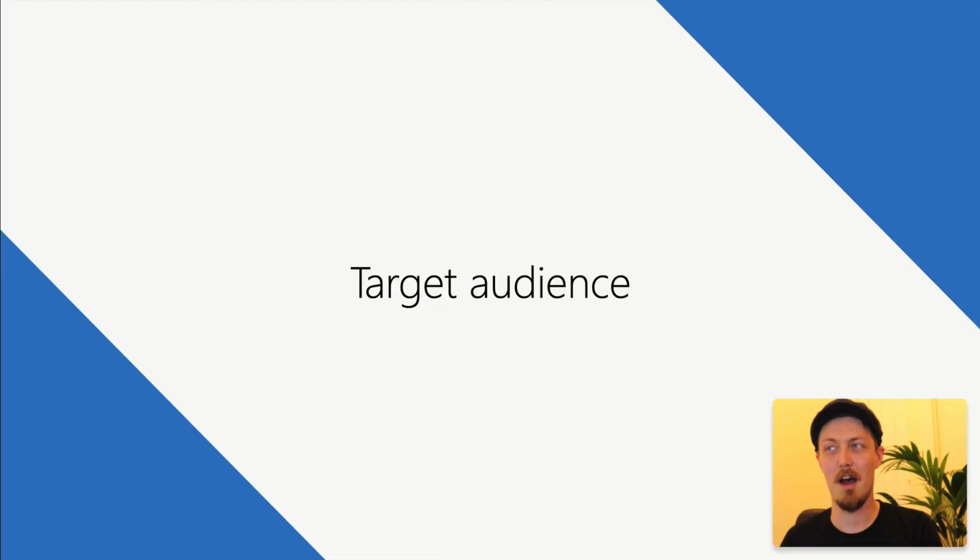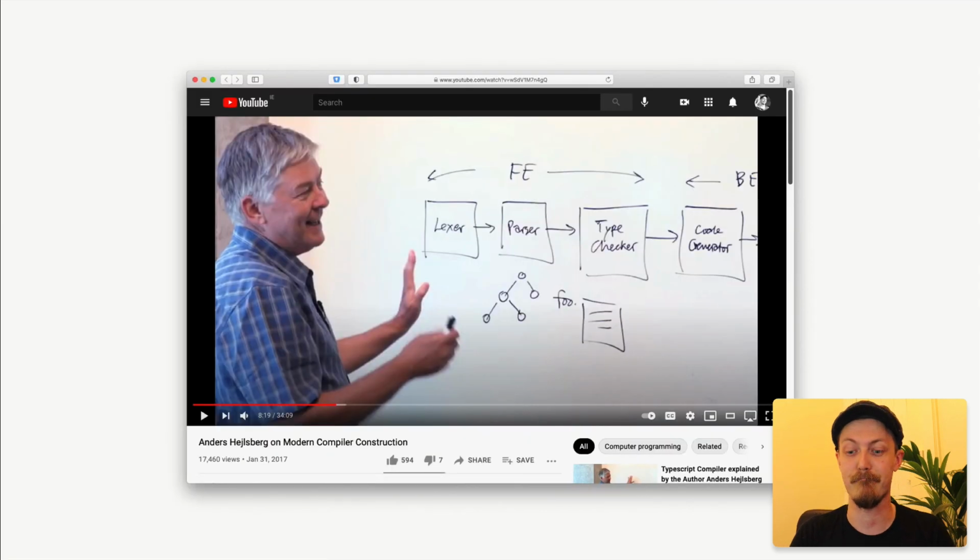For this talk, the target audience is someone that's interested in understanding how the TypeScript compiler works. You may not actually be interested in contributing to the code base, but if you are, this is a really great primer over all the different components inside TypeScript.